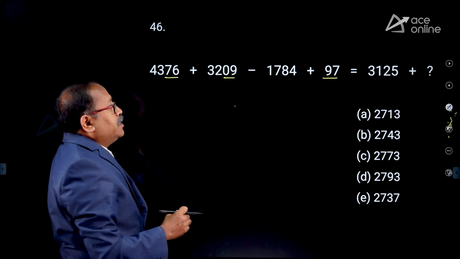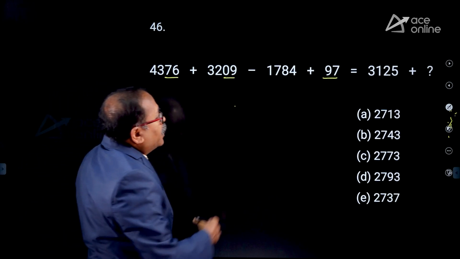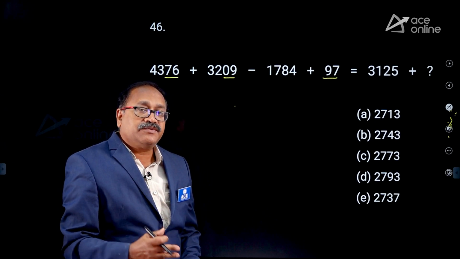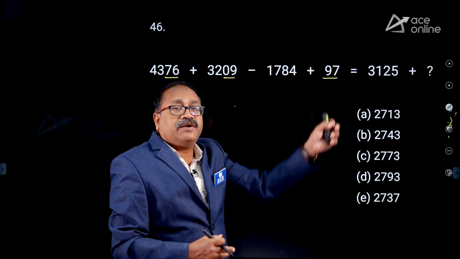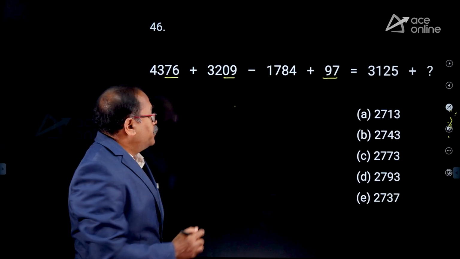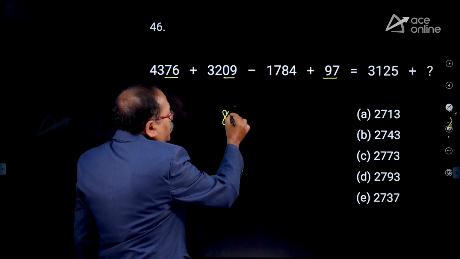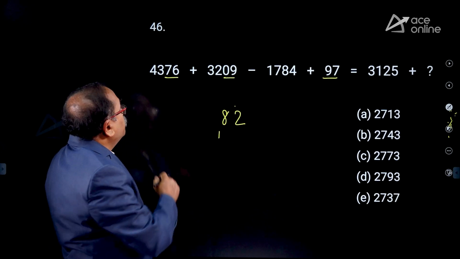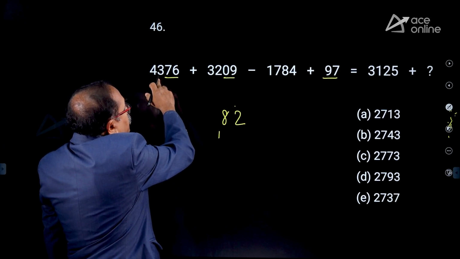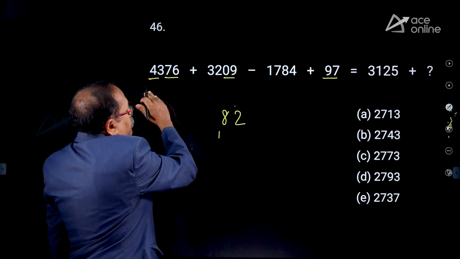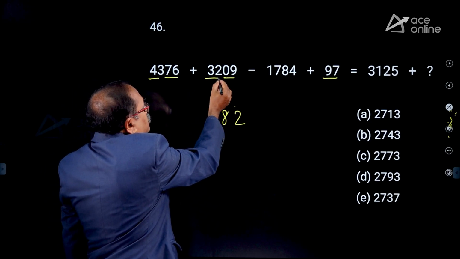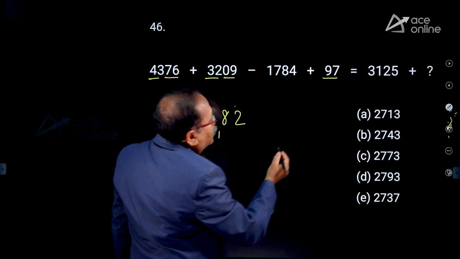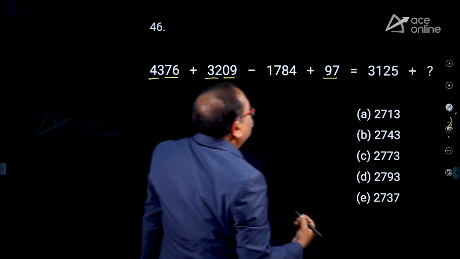76 plus 9, which is 85, and 85 plus 90, which is 175, and plus 7, 182. So take that 82 over here as 182, 1 is carry over. And the next one, that is 43, I am adding 2 digits at a time. 43 plus 32, which is 75. And the 75, that's all, we have no number over here.